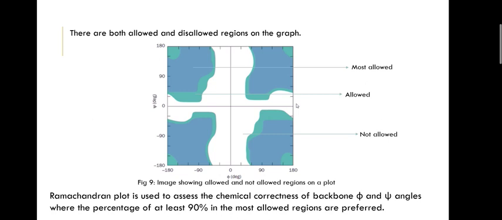To assess the chemical correctness of the peptide backbone using phi and psi angles, at least 90% of the plot must occur in the allowed regions.